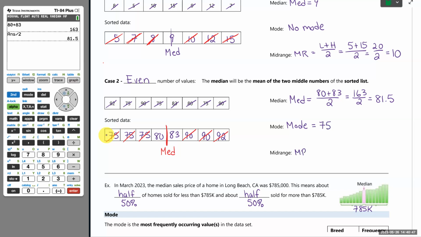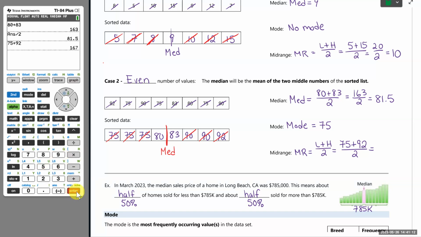And then mid-range, again, we just take low plus high in the data set and divide by 2. So the lowest was 75. The highest was 92. We add those and divide by 2. I'll hop over here and get my calculator's help. So 75 plus 92. We want to get that numerator first.